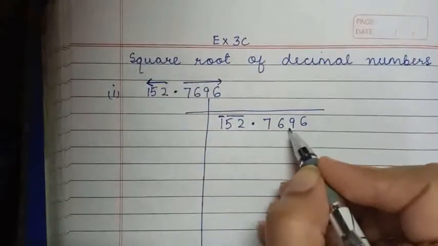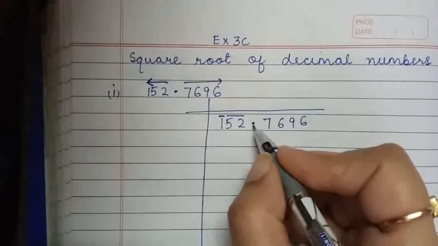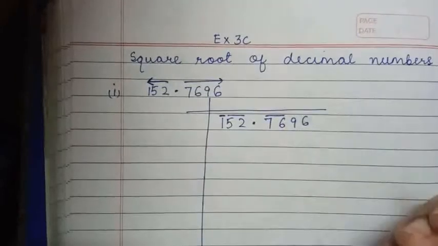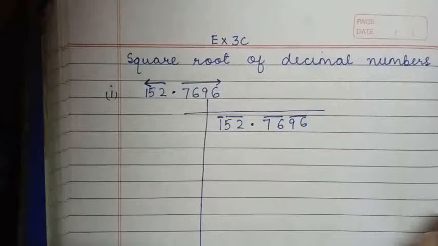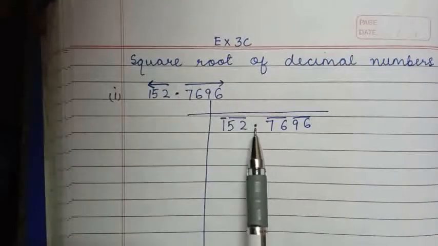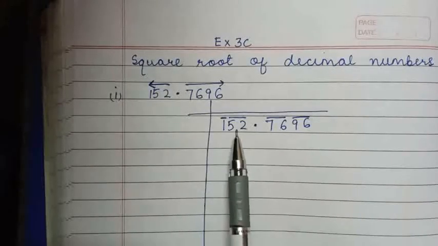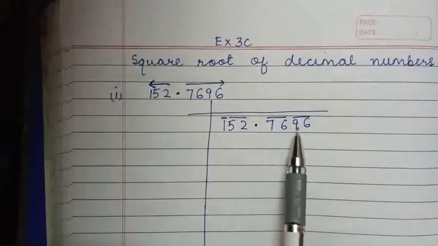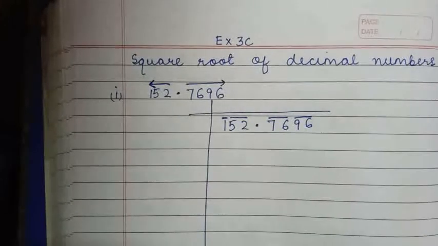After the decimal, we form pairs starting from the left side, so 76 will form one pair and 96 will form another pair. So do remember that before the decimal, pairing starts from the right side, and after the decimal the pairing starts from the left side. This is the key point which you have to remember every time.